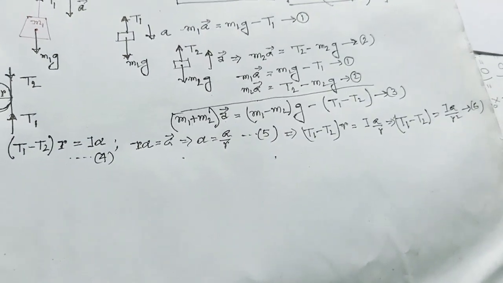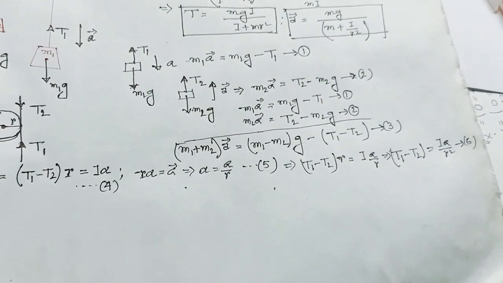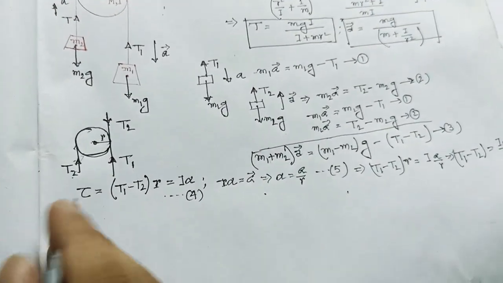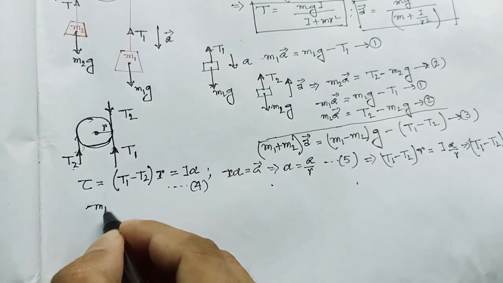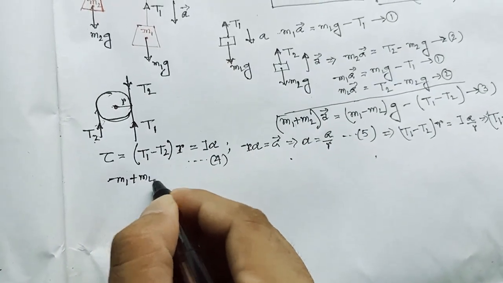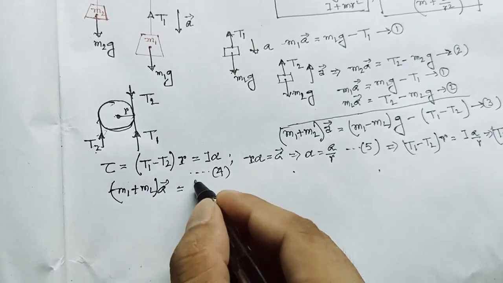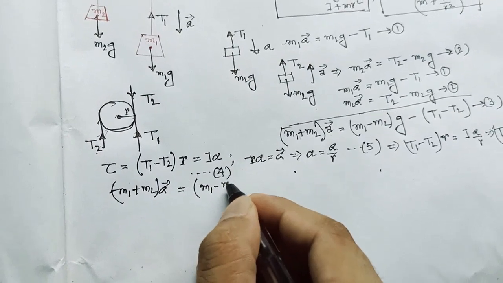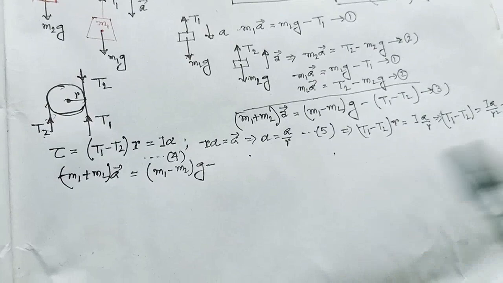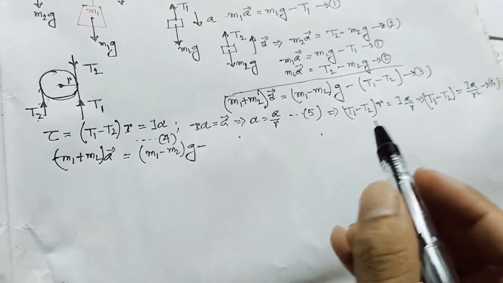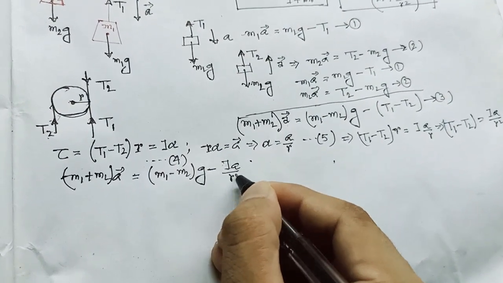Now we'll substitute the value of T1 minus T2 from equation number 6 into equation number 3. We get m1 plus m2 into a, equal to m1 minus m2 into g minus I a divided by r square.